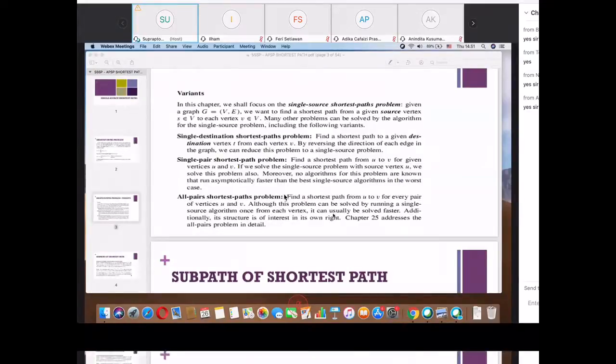We have just one source, and you want to find a shortest path from one source to every other vertex in the graph. Just like what we have done in the BFS, except that the shortest path is measured by the real weight of each edge constituting the path, right? Instead of just a single unit for all edges in the graph.